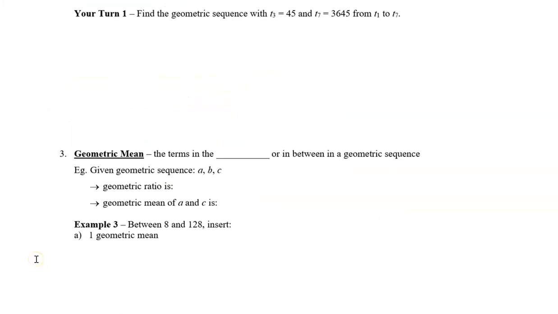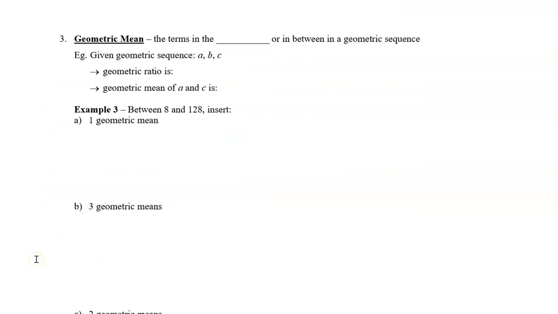Next, we're going to take a look at something called the geometric mean. So the geometric mean means the terms in the middle or in between in a geometric sequence.